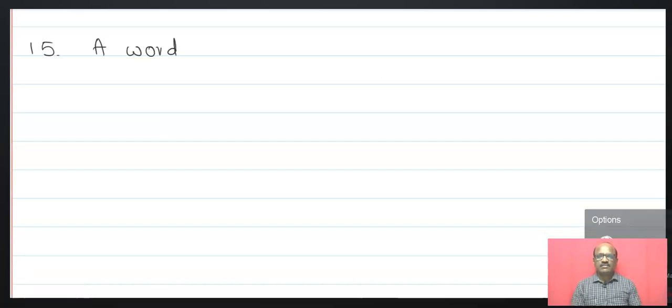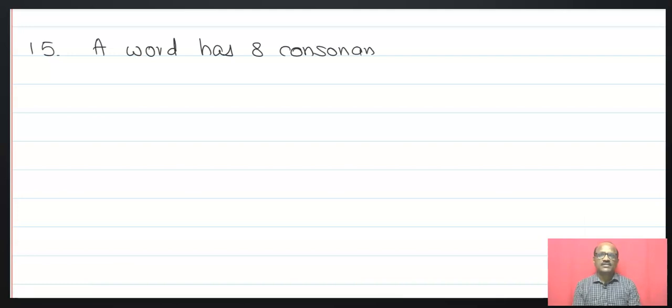Now the question number 15. A word has 8 consonants and 3 vowels.